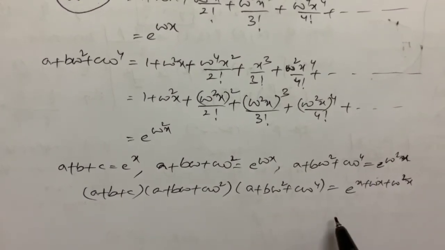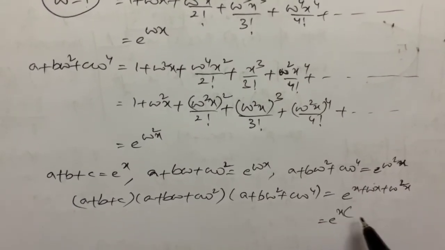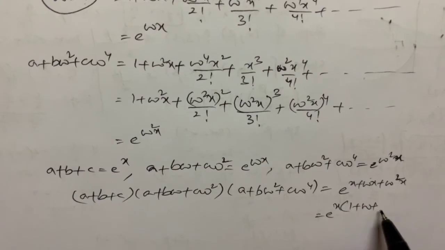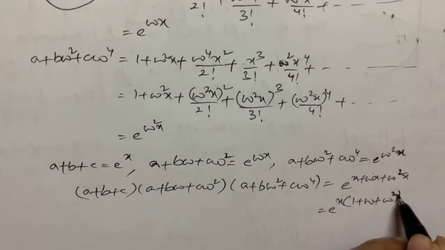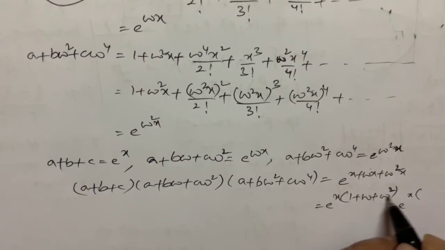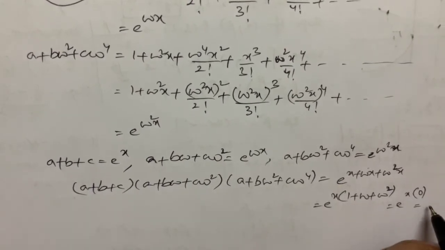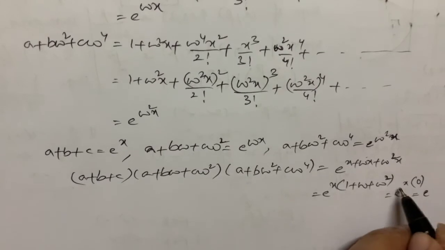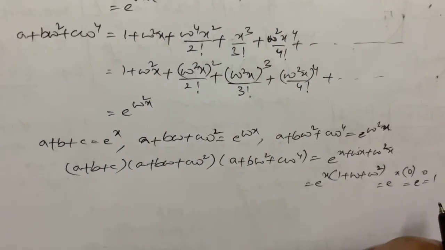So e power x into 1 plus omega plus omega square. As omega cube is equal to 1, this value will be 0, right? So e power 0 is 1.